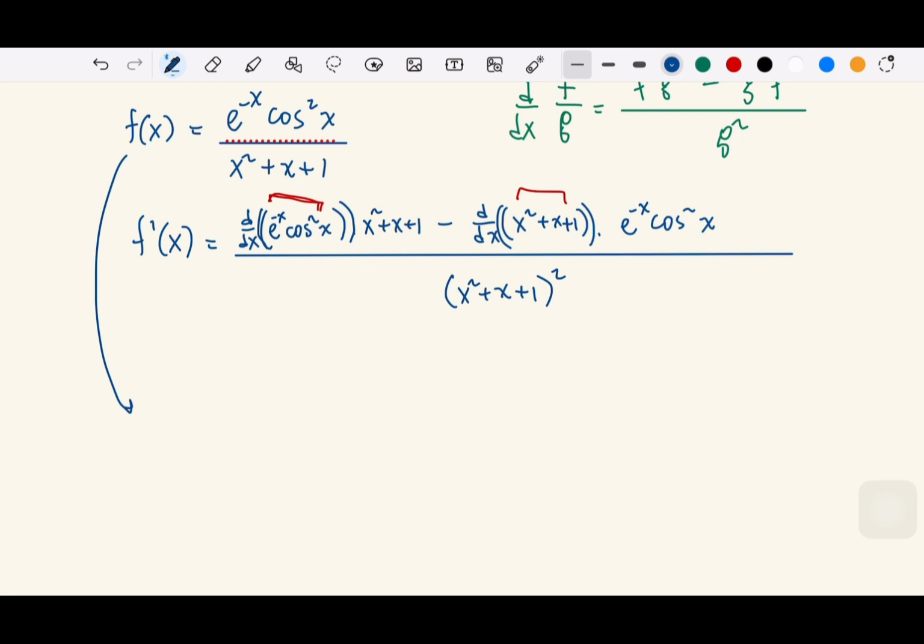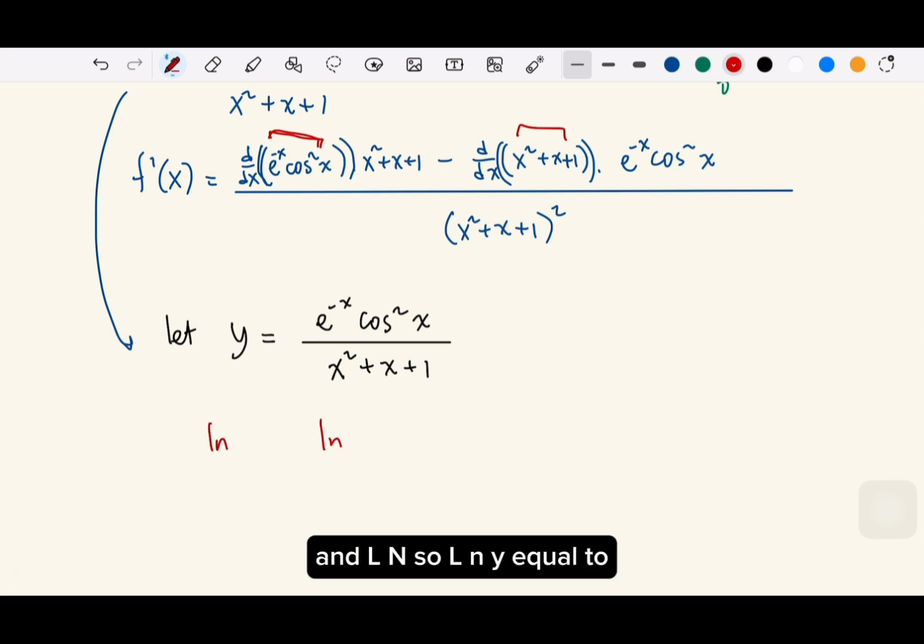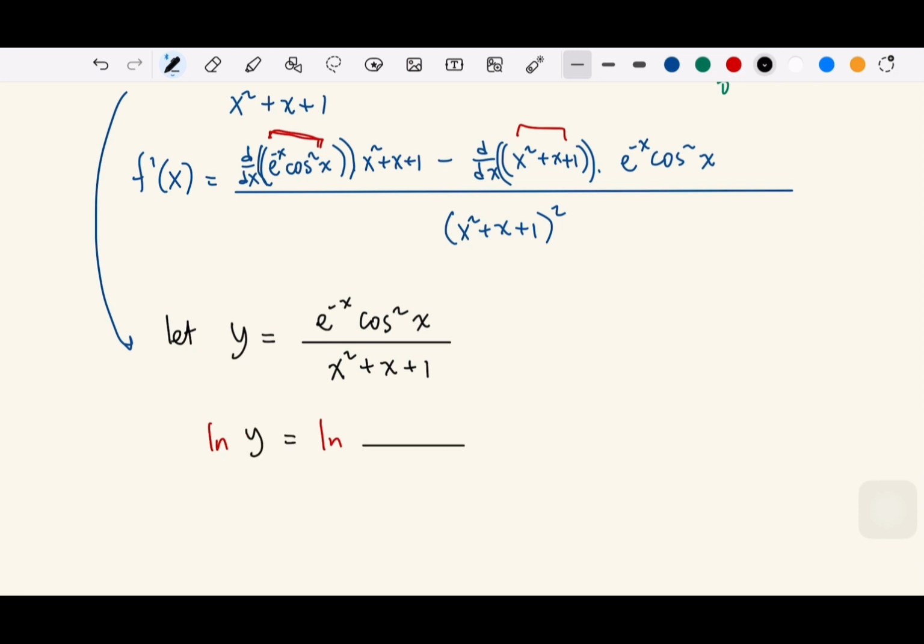Or I will show you that I will rearrange the structure. So let's write y equal to, and then I will take the log of both sides, so ln and ln. So ln y equals to, okay.